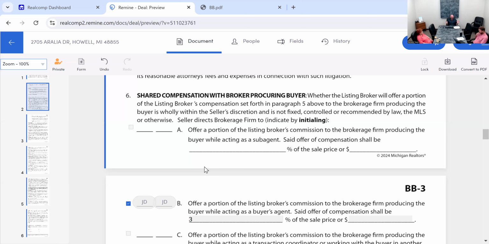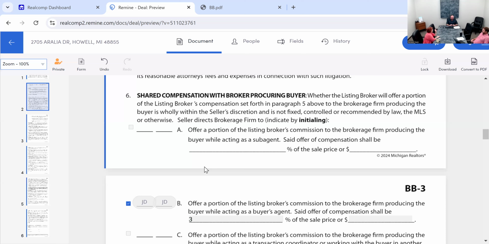I'm not even going to be asking the sellers to pay my commission. You just know that's going to be a closing cost on your side. So the listing side should never have to see that buyer contract, because it has no bearing on what they need to be able to prove. If they need to prove that you're acting as a buyer's agent, you have an agency disclosure. If you're not asking for a commission, they don't need to prove that.